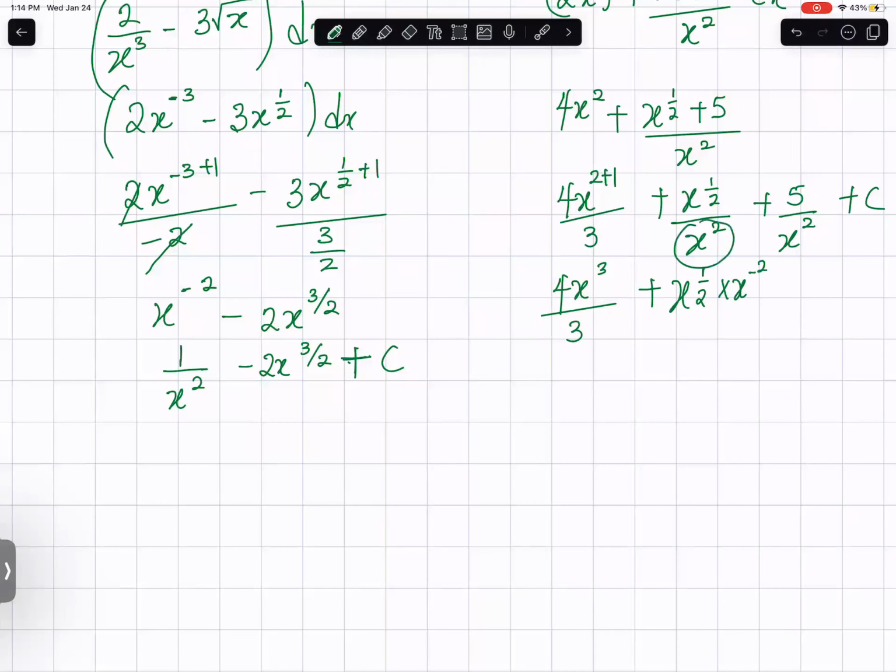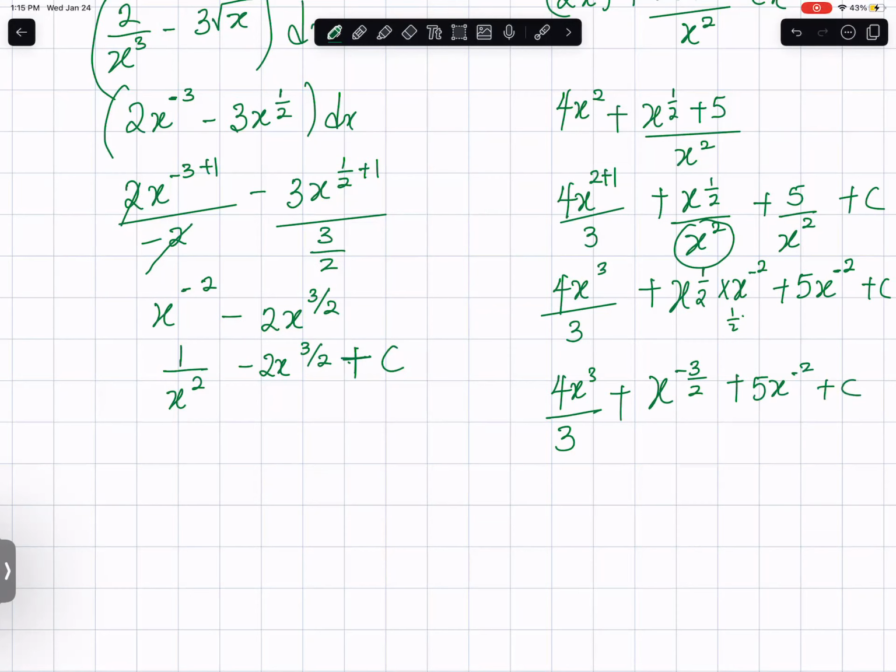I'm moving this up, plus 5x raised to the power of minus 2, plus c. We have 4x cubed over 3 plus x to the power of half plus minus 2 gives us minus 3 over 2, plus 5x to the minus 2 plus c.